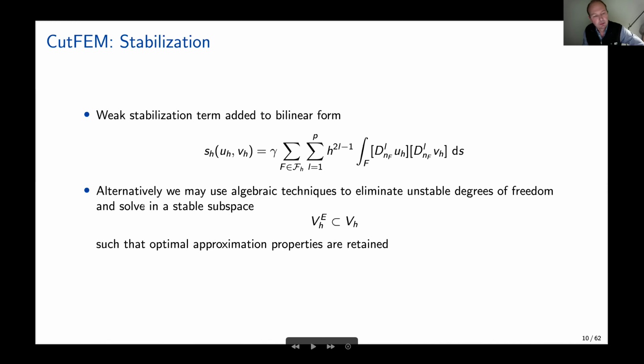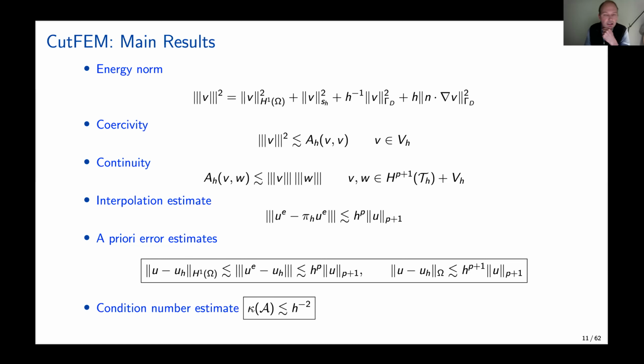And next here we will also discuss these algebraic techniques where we look for a subspace. But first, let us look at the theoretical results that we have for standard CAD finite elements.